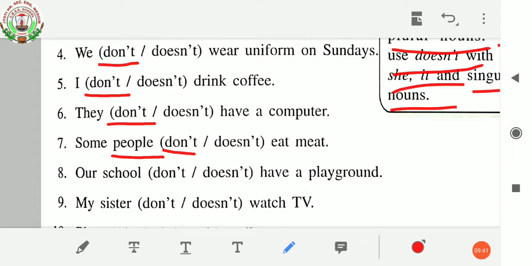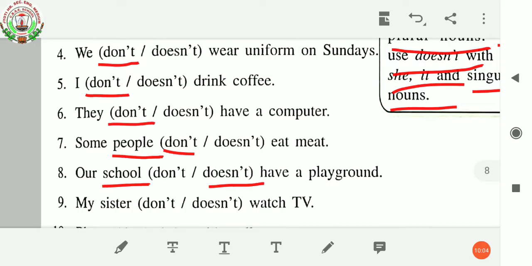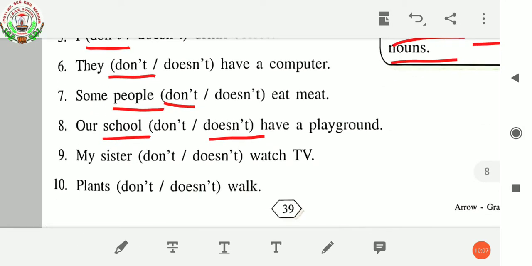eat meat. Then number 8, our school don't or doesn't have a playground. So school is in singular form. So with singular form we use doesn't. Our school doesn't have a playground. Number 9. My sister don't or doesn't watch TV.